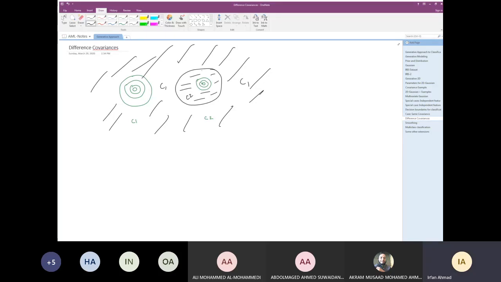Now, just to make sure that this makes sense, let's look at the 1D case. Assuming these are 1D Gaussians, what we are saying is you have one which has a higher spread, something like this, and one is a narrower one. What happens after this area? All of this is one class.